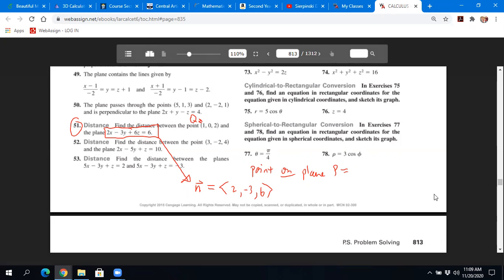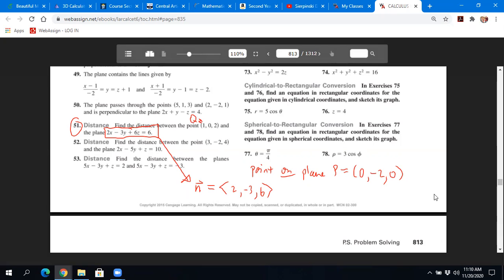Zero, two, no, not 0, 2, 1. Yep. 0, negative 2, 0 would work. Yeah? You have to think of something that actually satisfies the equation of that plane, correct?